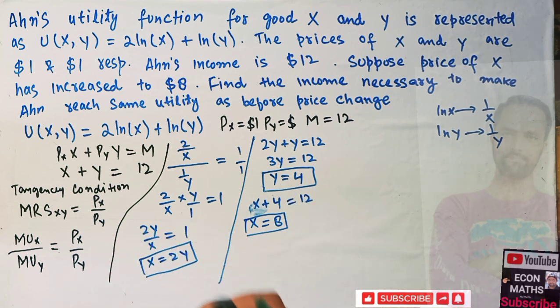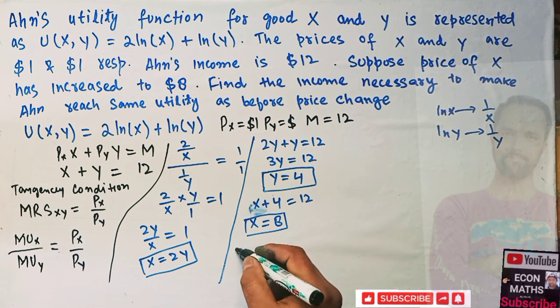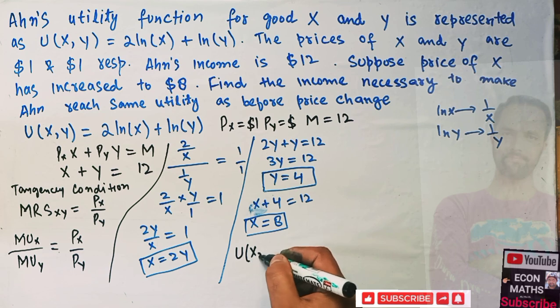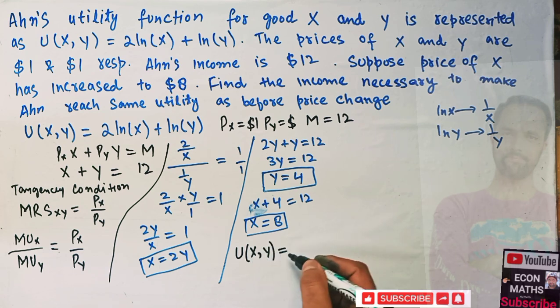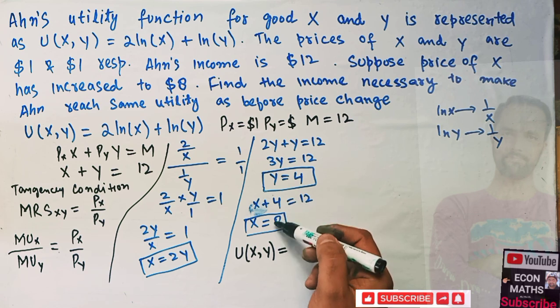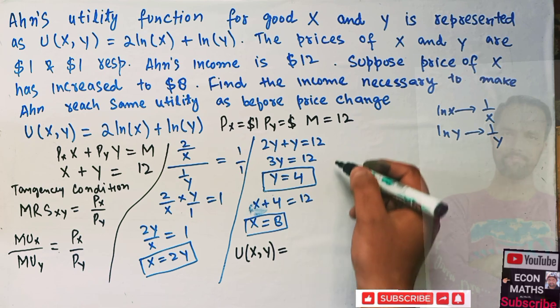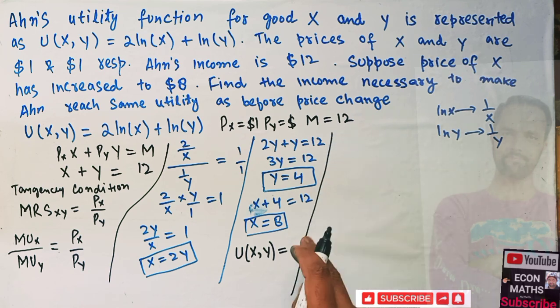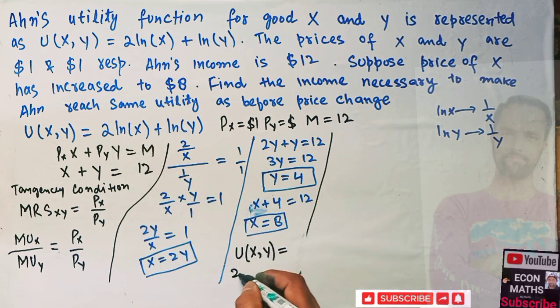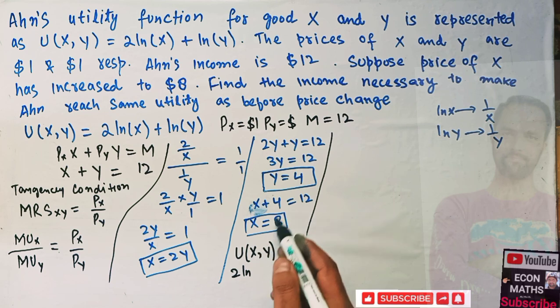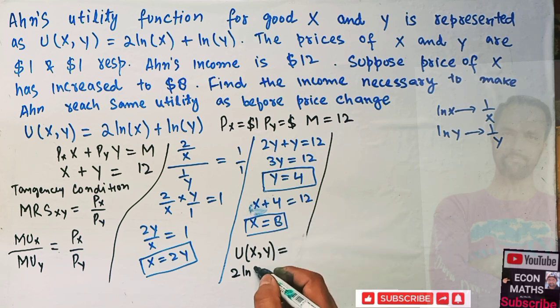And what is the utility that he gets from this consumption bundle? Just plug in x equal to 8 and y equal to 4 into the utility function. We have 2 ln of 8 plus ln of 4.